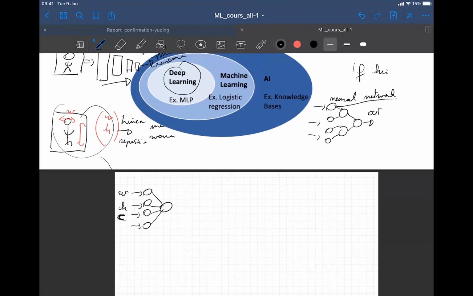And with just one layer, I predict if it's a man or a woman. This is a neural network, but it's not really deep learning because you only have one layer. In deep learning, the idea is to combine many of these layers. You have really a lot of them. And you will see later that you can have different types of layers. Some can be convolution. But the idea is that you really have this kind of deep structure.